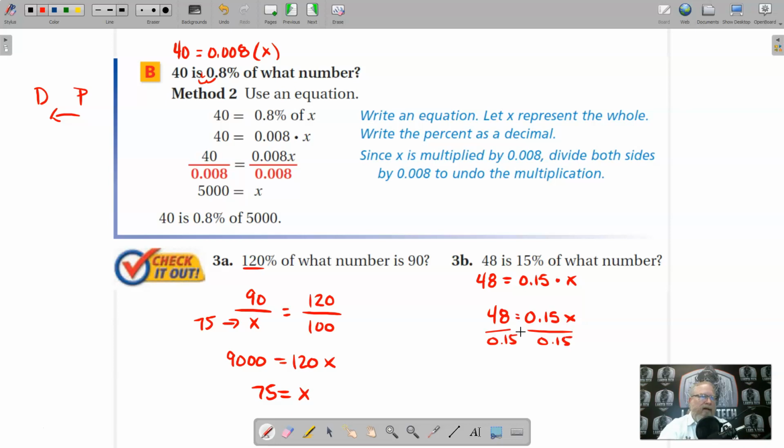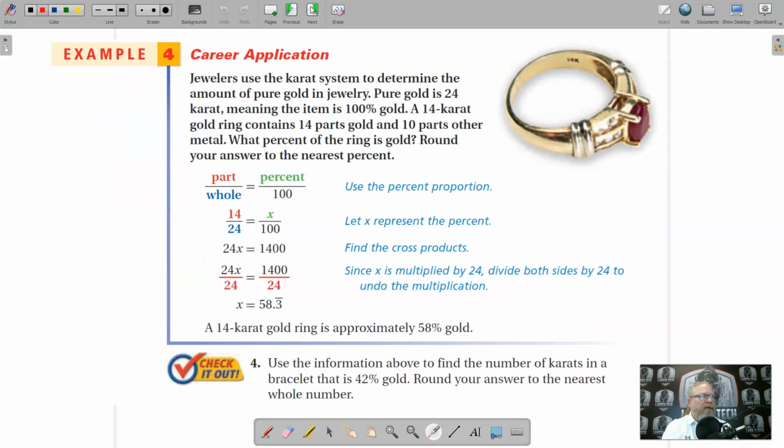I don't think I'm going to mess with that one too much. Let's go ahead and do 48 divided by 0.15, and we come up with 320. And those cancel, so we just have x here. So 320 is the number we're looking for. So 48 is 15% of 320. And that brings us to our example of the jeweler that we saw on the first page.